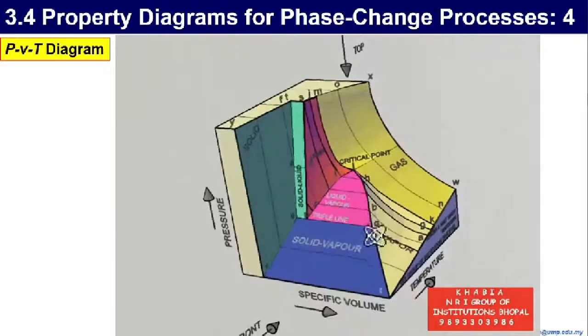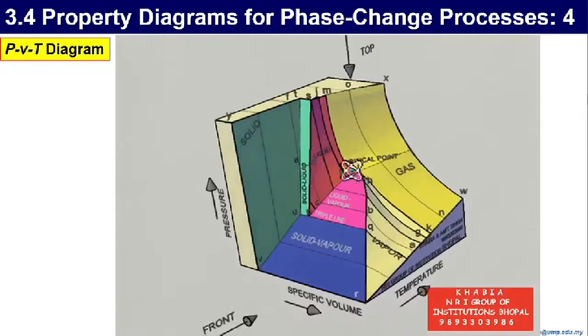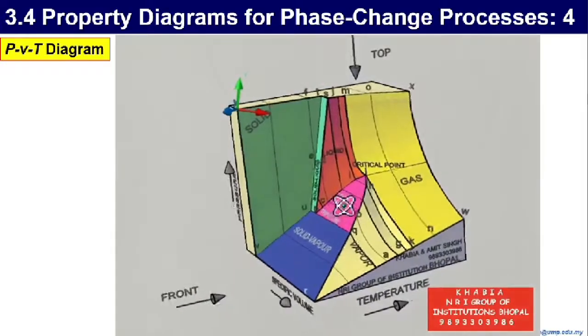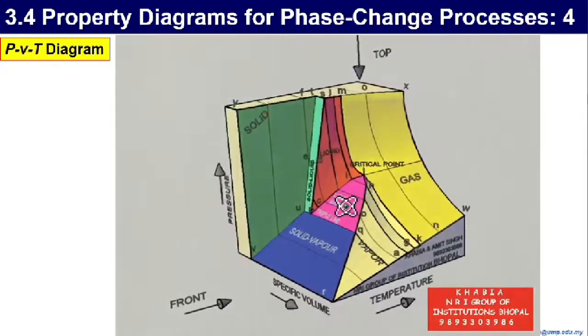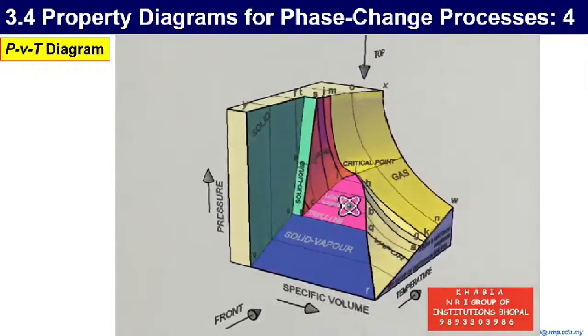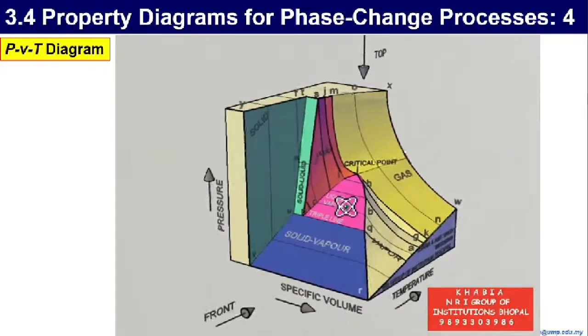The pink colored surface QBHLICPQ indicates various possible equilibrium states of the pure substance when it is in the two-phase liquid vapor region.